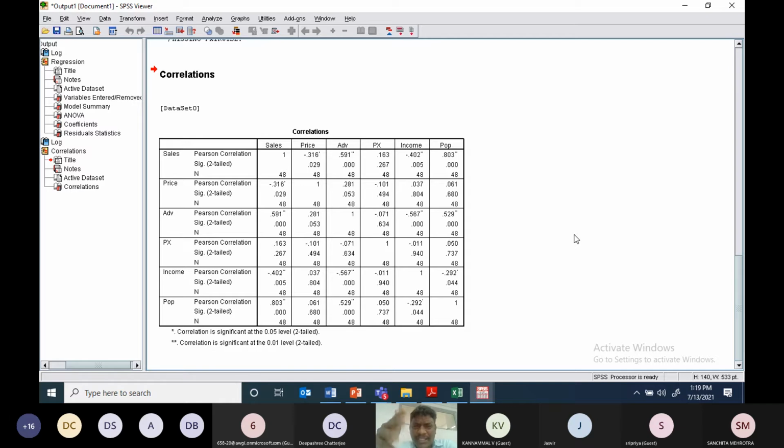Those who are from finance know the concept of international portfolio diversification, which is very important. We are talking about international stock market integration. All the markets are related to each other. We call it co-movement. So it is necessary to show that there is a relationship in terms of correlation.